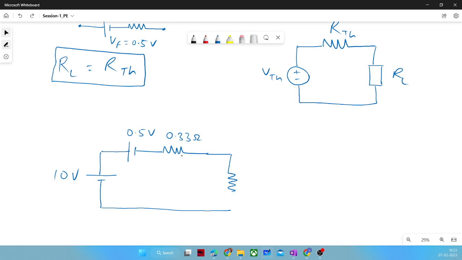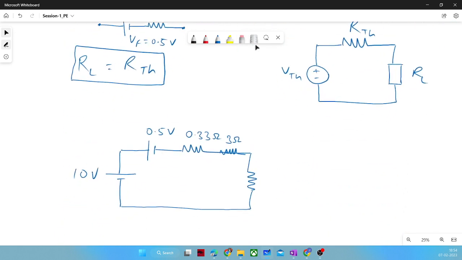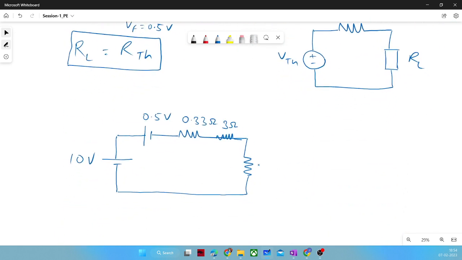Sorry, one more resistance was given, source resistance. Source resistance was 3 ohm. And RL we need to find out.